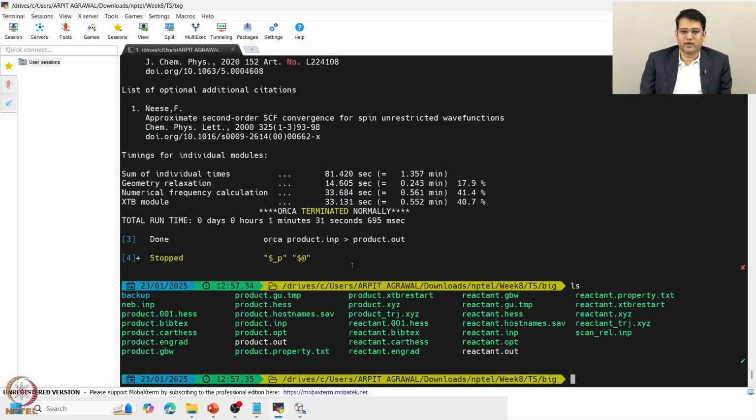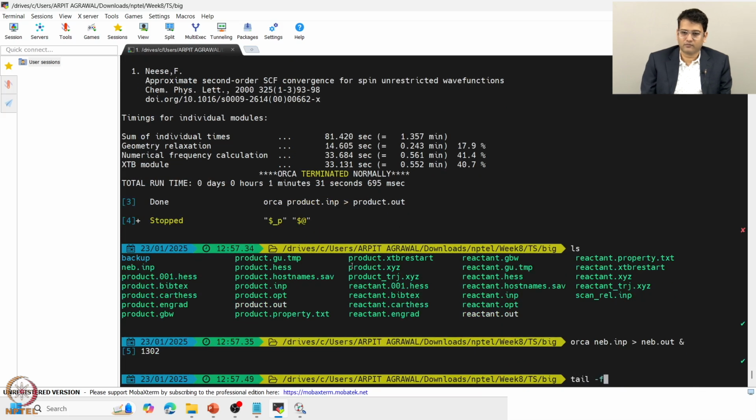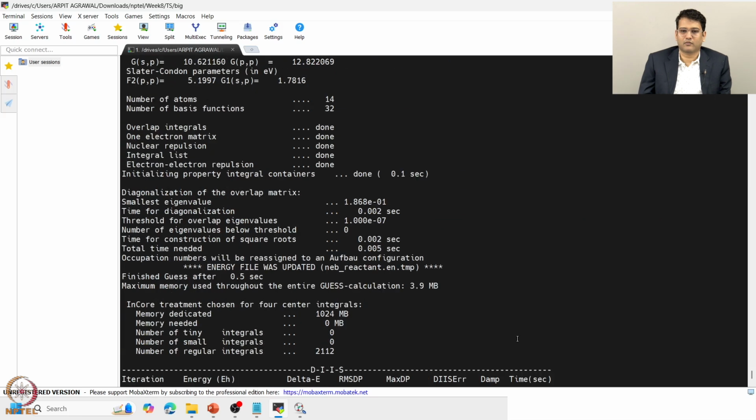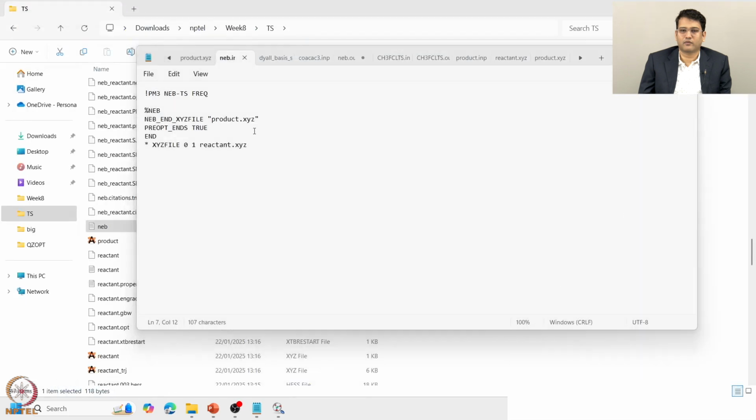So I have the reactant, I have the product. Now let me run the NEB. There is a mistake I have made.